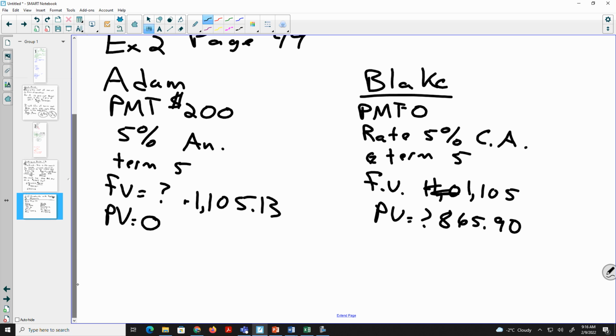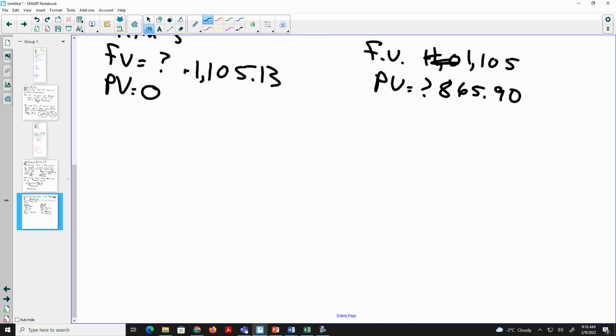Let's look at example 4 now. Page 52. So, Celia wants to have 300 grand in 20 years so she can retire.